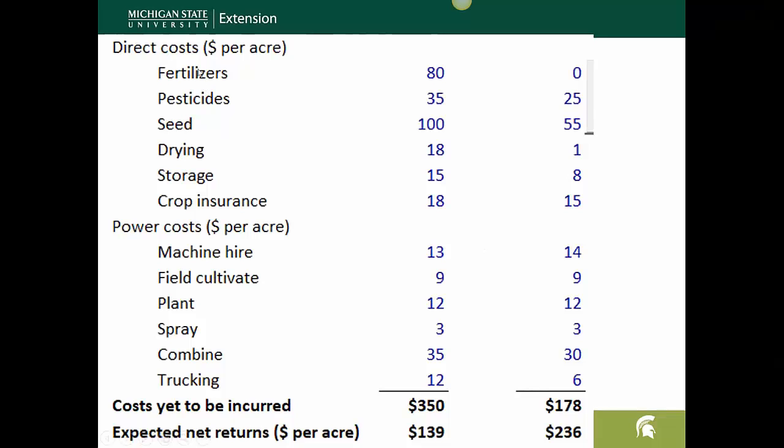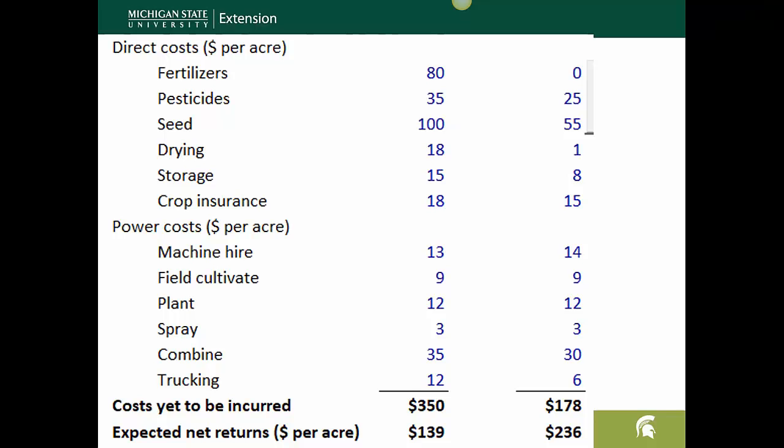You go in and look at the direct costs, the additional costs. You have to think about this not as your total cost of production, but what costs you are going to incur from this point forward. For example, on myself, I've already got my broadcast fertilizers on. The only thing I've got to put on is nitrogen and my planter fertilizers. Soybean fertilizers are all on. Not any more fertilizers put on, so my extra cost is actually zero.